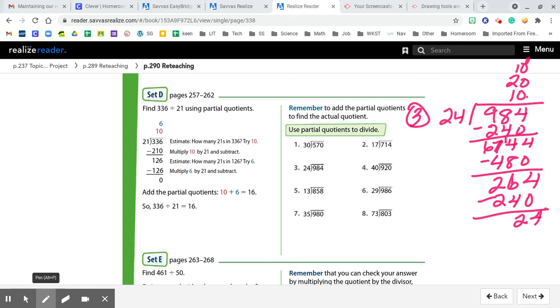So when I add all that, 10, 20, 10, and 1, it is going to get me 41. So my final answer would be 41 on that one.